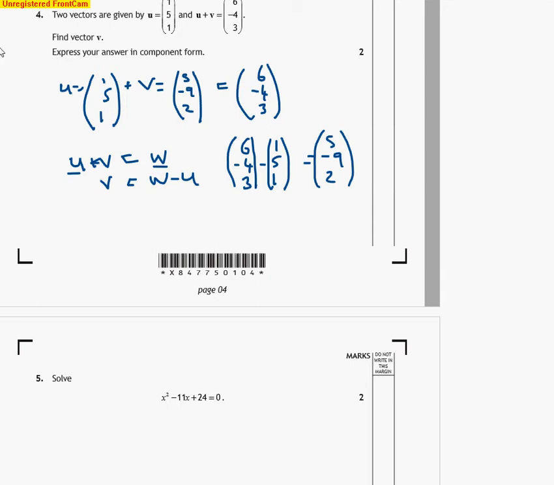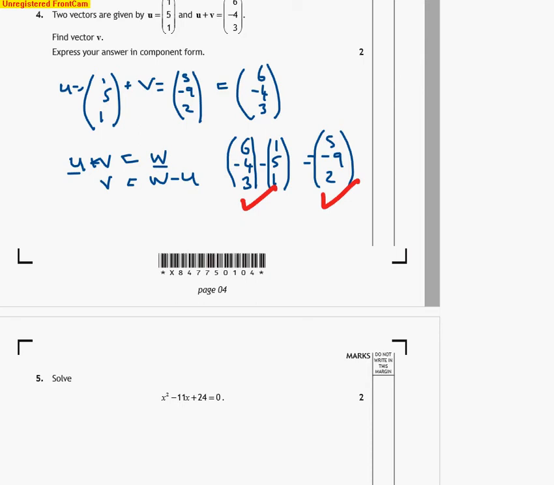Okay. So 2 marks. The first mark is for this part here, where you understand that it's w minus u, and the second part is working it out. I'm just going to check to see. They mention the subtraction in the marking scheme. That's interesting.